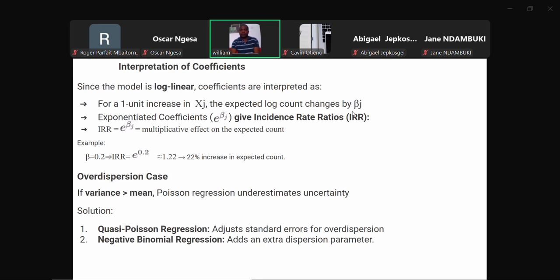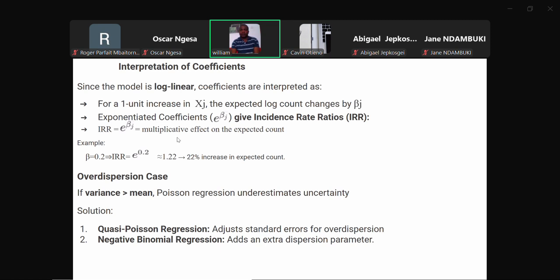And then we look at the incidence rate ratio. This is where we take the base of the natural logarithm raised to the coefficient, so that we get a result we can interpret better.